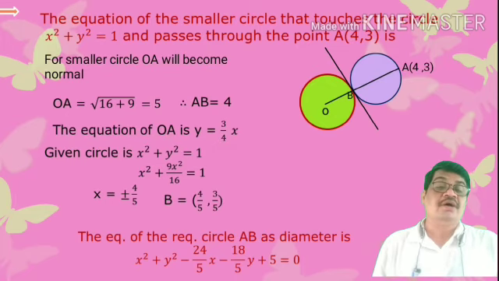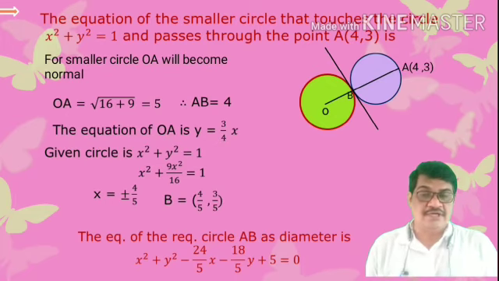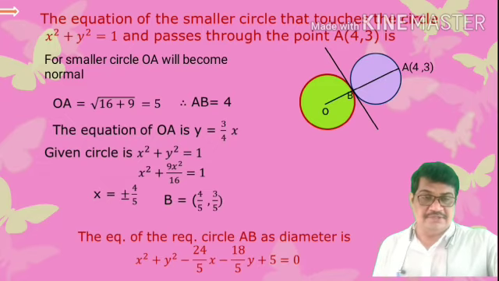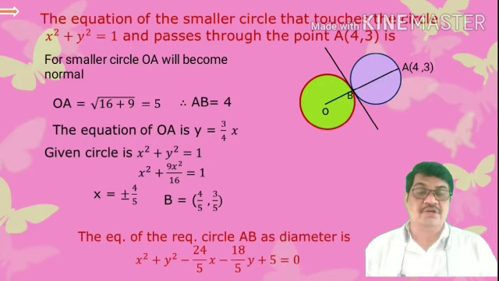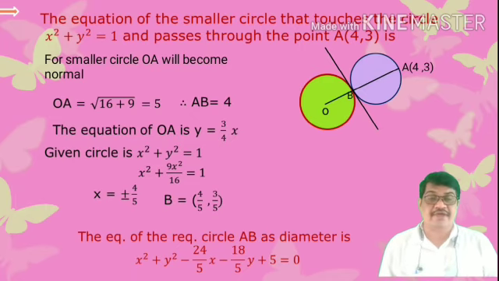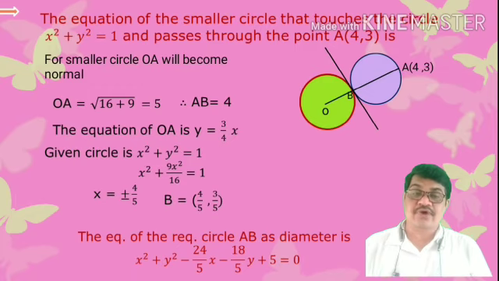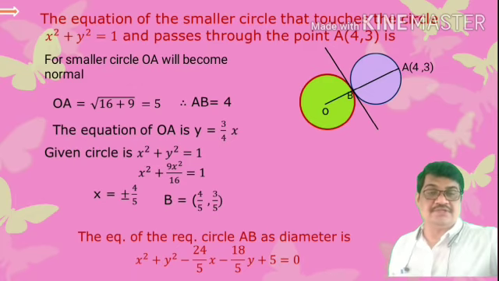Using that formula we are getting the required equation of the circle with AB as the diameter: x square plus y square minus 24/5 x minus 18/5 y plus 5 is equal to 0. This is the required equation of the circle.